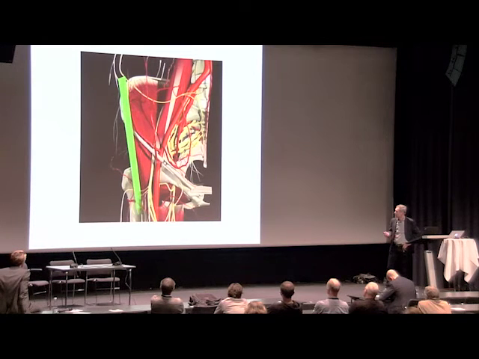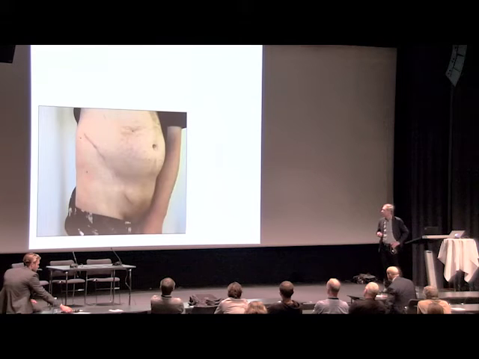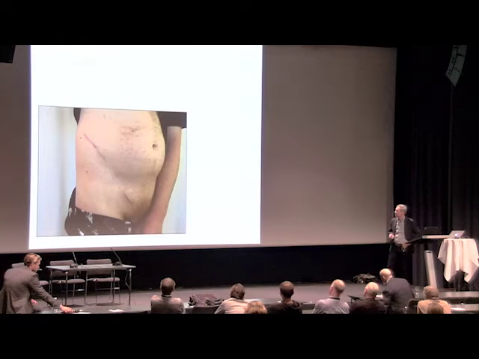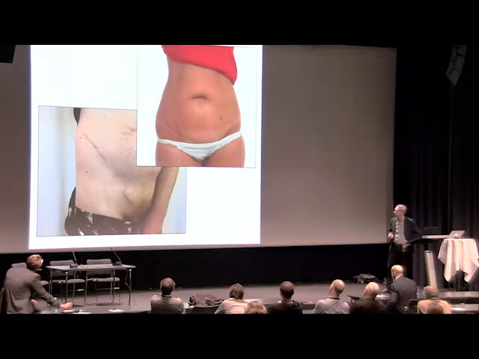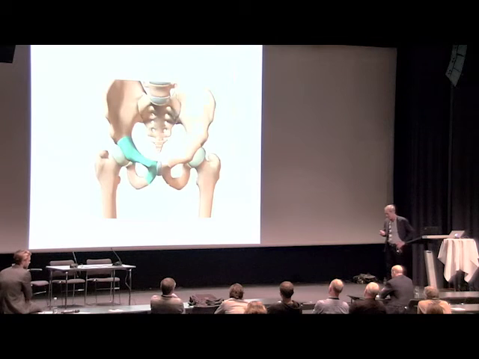This is another approach you can use, but there are a lot of complications using these approaches. So we finally came up with this small approach, which we use nowadays. That's how it looked in the beginning, and now it looks like this. So we have changed it, which is an advantage for the patient.